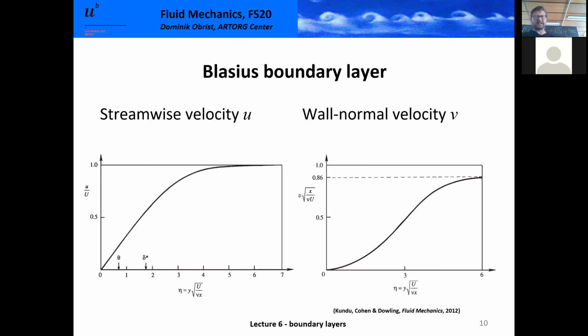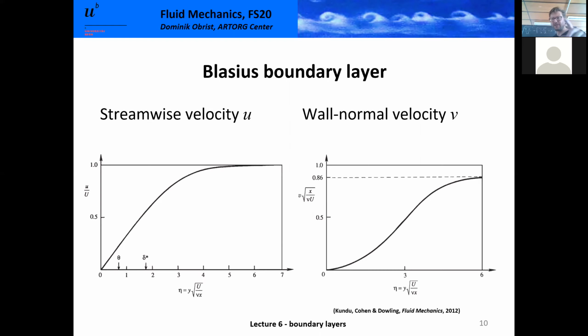And you can solve it. At the time of Blasius, it was a complicated differential equation, but it was an ordinary differential equation. So he found approximate solutions. Nowadays, you can just use MATLAB. So you can find solutions for f, which solve the boundary layer equation, and you can look at the results. Let's look at the result on the left-hand side first. This is the streamwise velocity u.